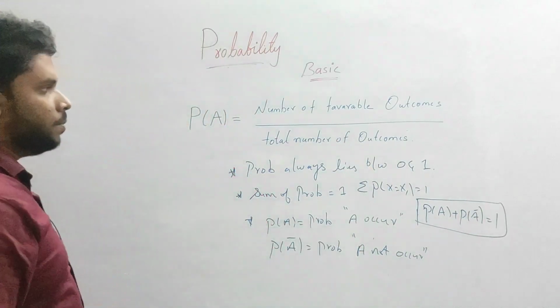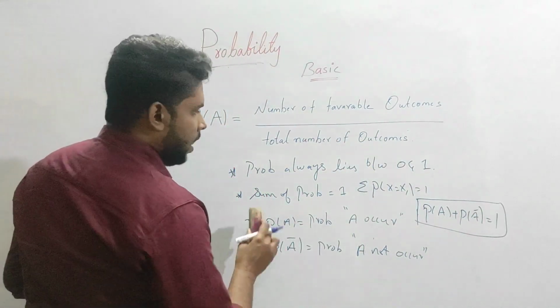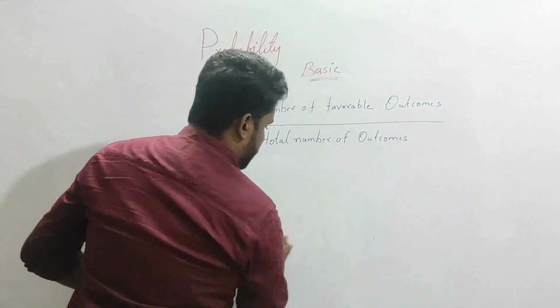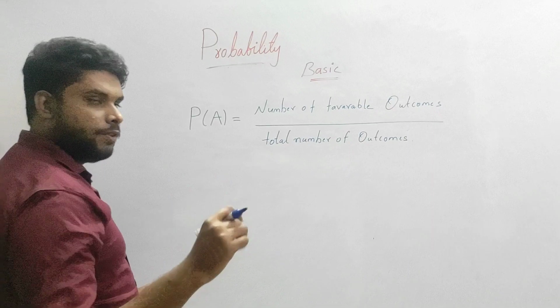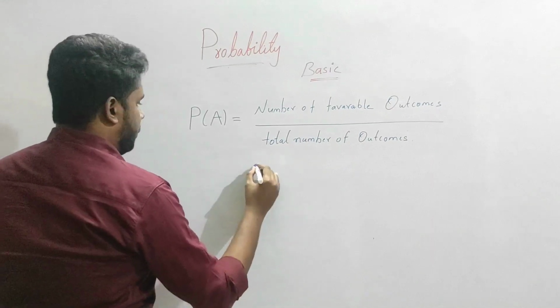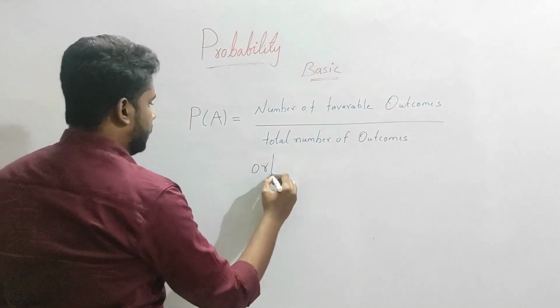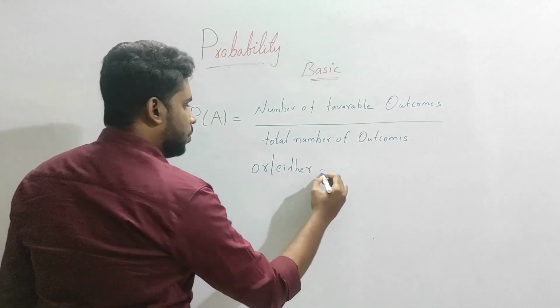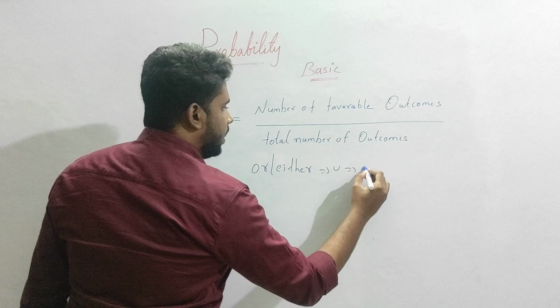This is about some basics of probability. And one more thing: in some questions we will find the word 'or', meaning one or either. For that we take the concept of union and we add the probabilities.